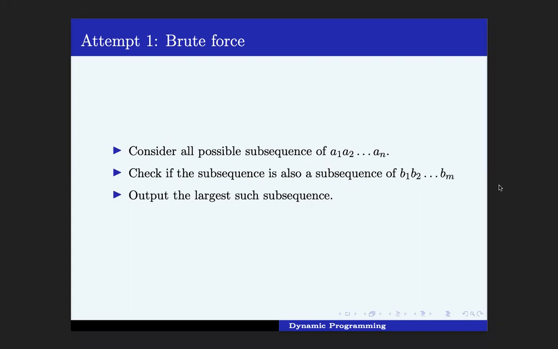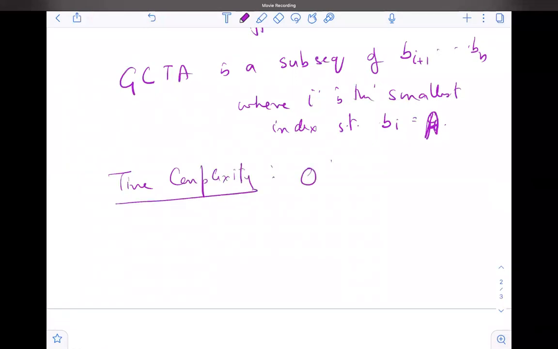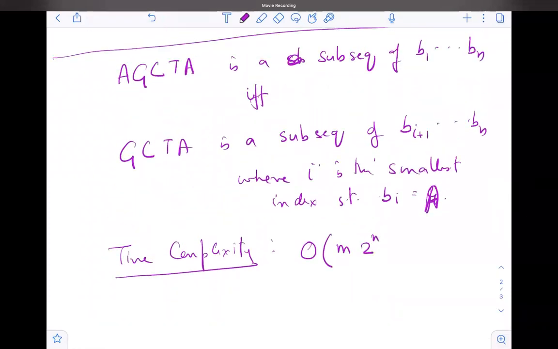The problem with this algorithm is that it is time consuming, because you have 2 to the power n possible subsequences of A1 to An, and for every one of them you have to take order m steps. So the time complexity becomes order m times 2 to the power n.